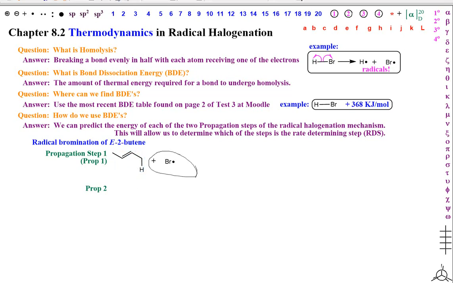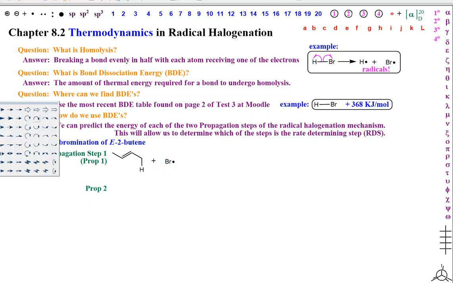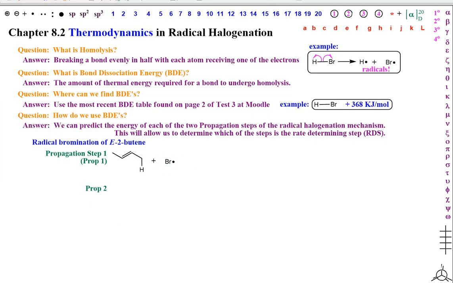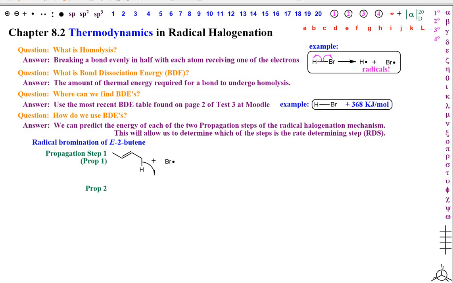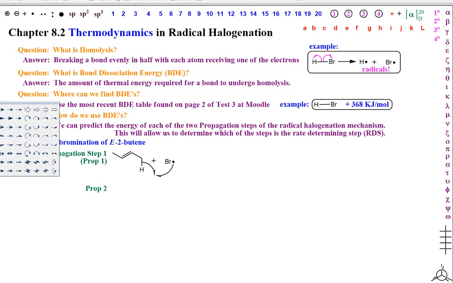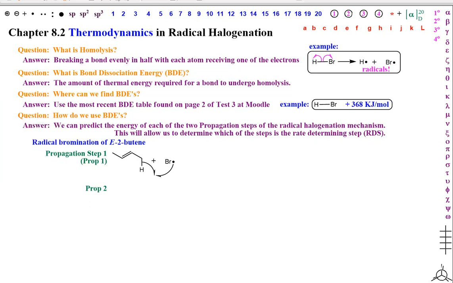Bromine radical will abstract a hydrogen from E2-butene from the allylic position. The reason for this is the product is unusually stable due to resonance. So here is bromine meeting up with the hydrogen, and the other half of the bond goes to the allylic position here.